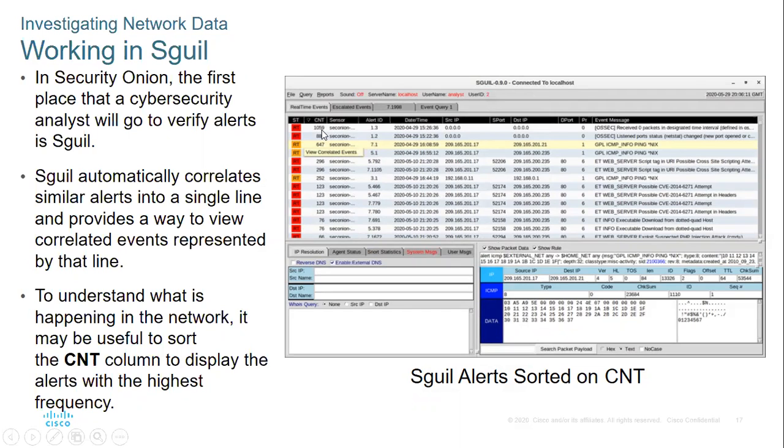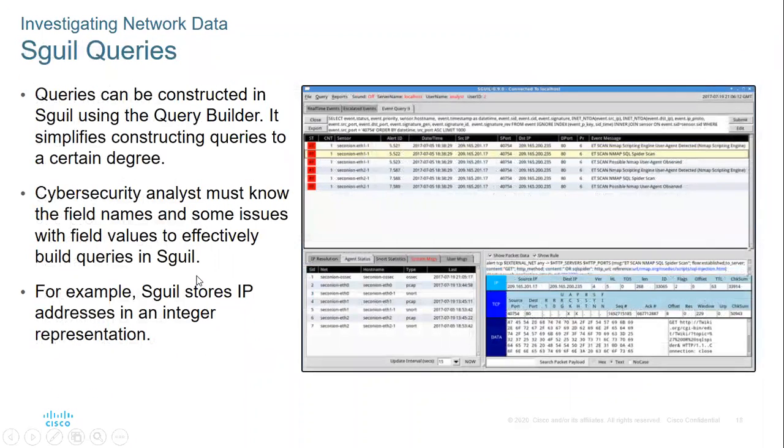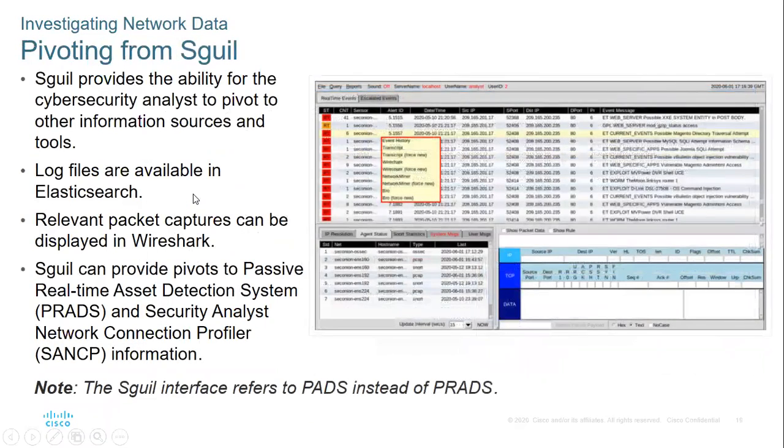Apart from using SGUI, it can also point to other devices, so you can use other devices to analyze the same data. SGUI also has what is known as the query builder, so you can come up with queries according to the information that you want to retrieve from SGUI.